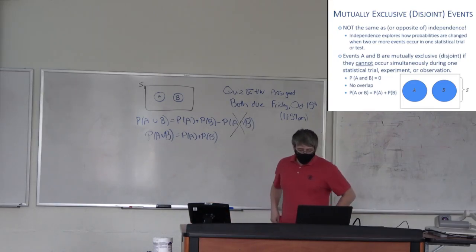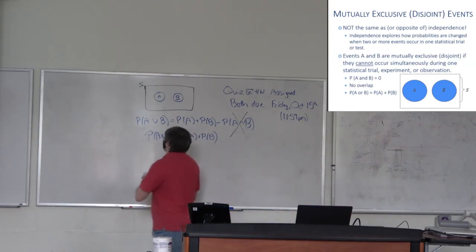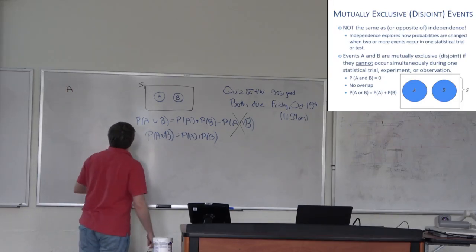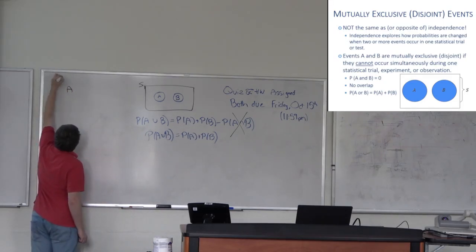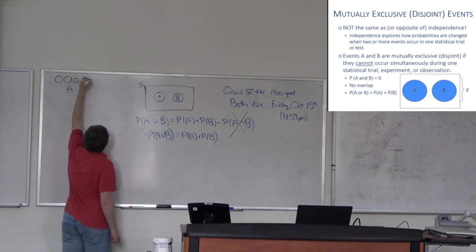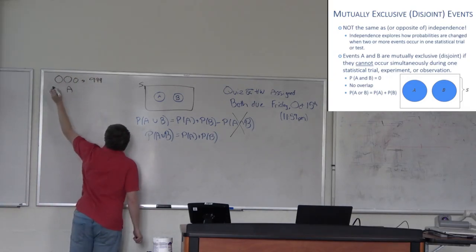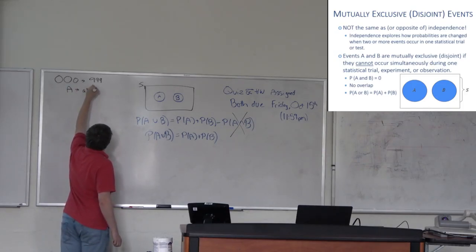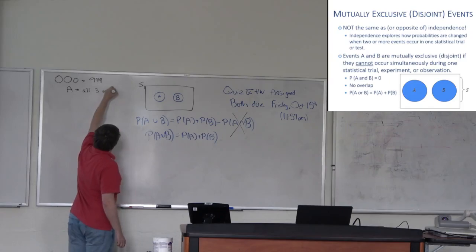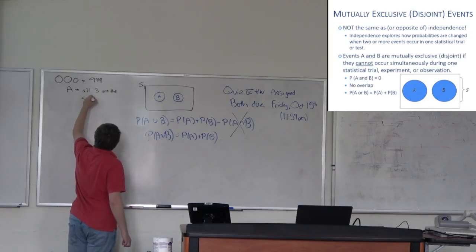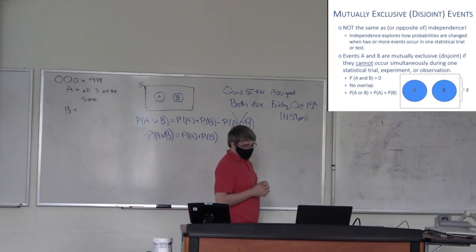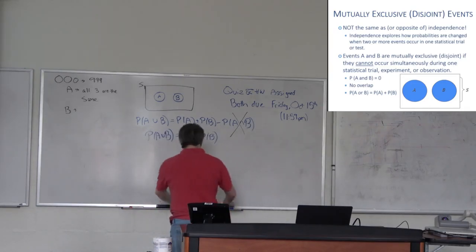So one example you can think about for this is lottery numbers. Suppose we're talking about the 3 lottery numbers where they can range from 0, 0, 0 to 9, 9, 9. A is the event that all 3 are the same. And B is that the first and last digits are different.